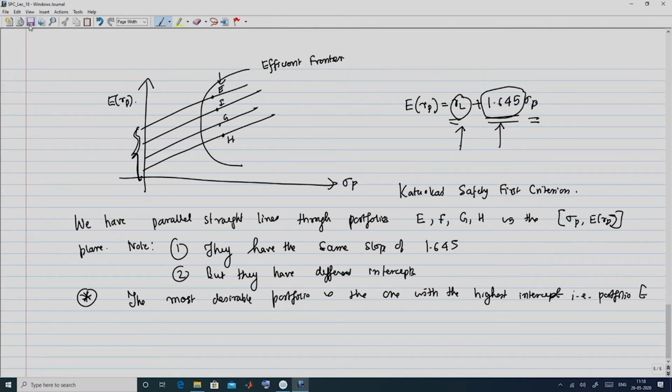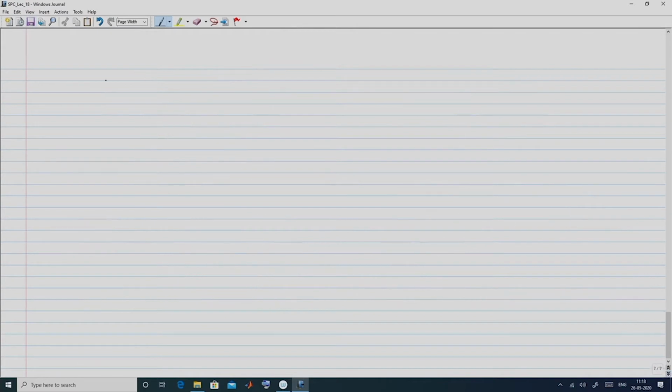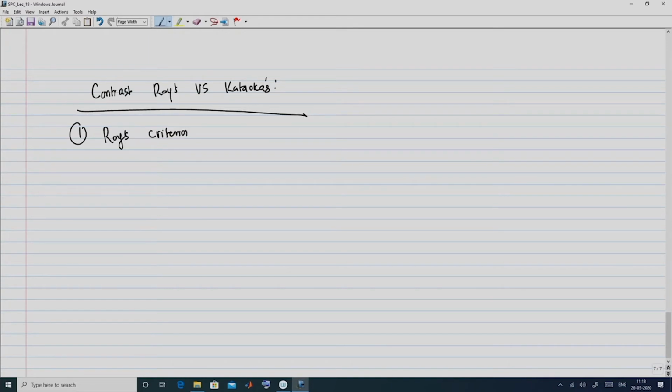All right. So now that we have done Kataoka's and Roy's criteria, we want to contrast Roy's criterion with Kataoka's criterion, and we make the following observation. First of all, remember that Roy's criterion favors portfolios with the greatest slope but fixed intercept.